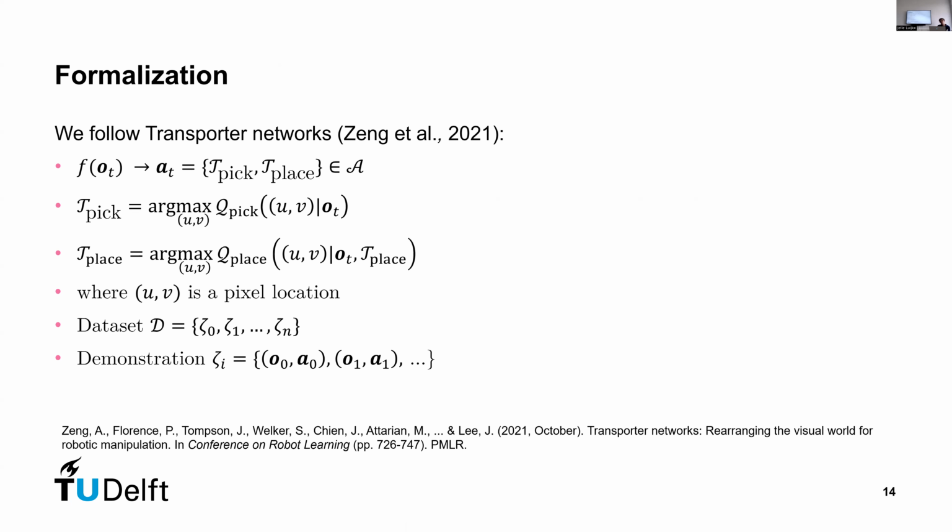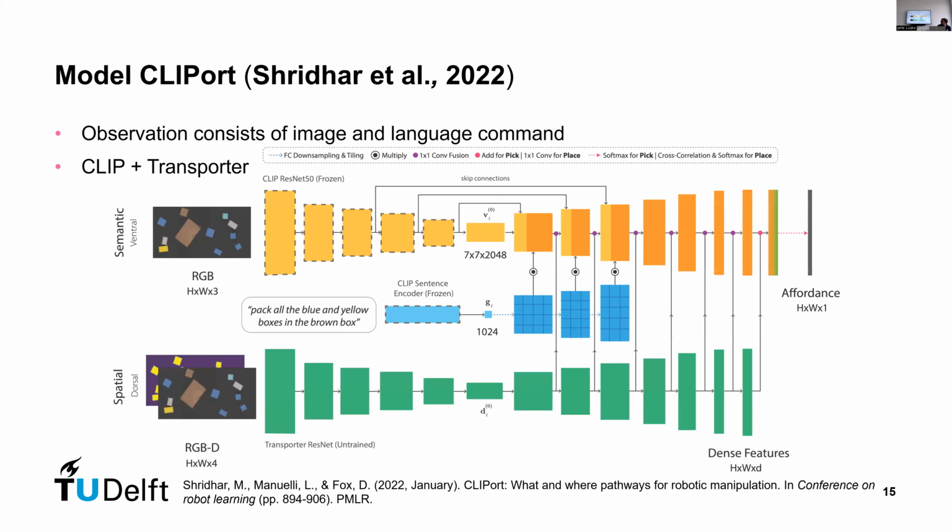We also collect demonstrations, and these demonstrations consist of trajectories that are tuples of observations and actions. The model we use is CLIPort, which is basically an extension of Transporter Networks with language, and incorporates the CLIP model.